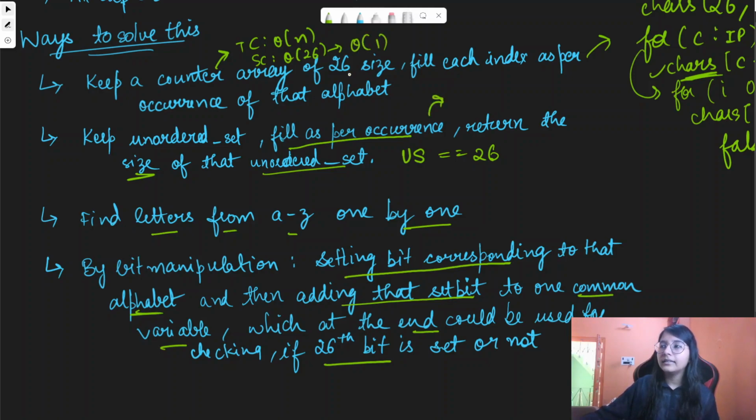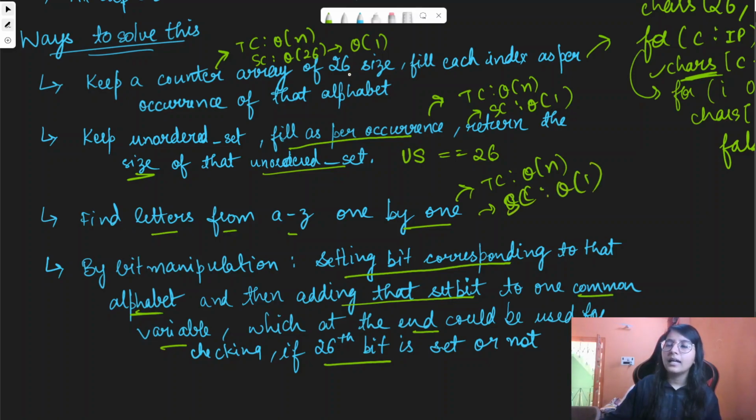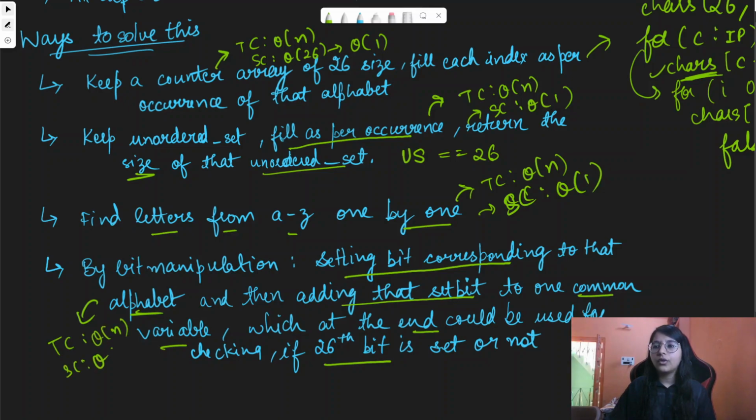Here also it is the same: because of traversing the string, time complexity becomes order of n and space complexity is order of 1 only, because the set in which we are storing will store just 26 letters. Here too, time complexity is order of n. All of them would have the same time complexity and space complexity. And for bit manipulation, the time complexity would be order of n again and the space complexity also order of 1.